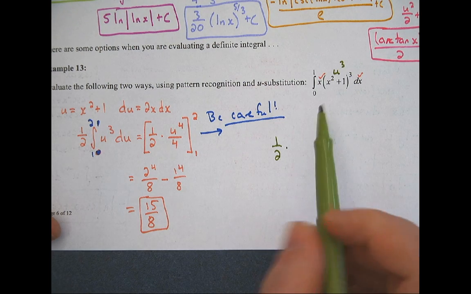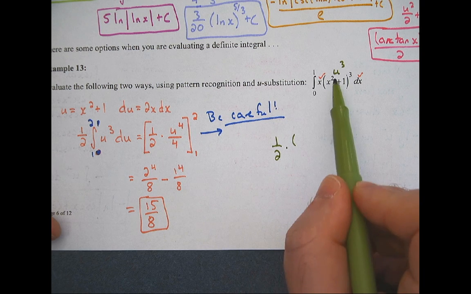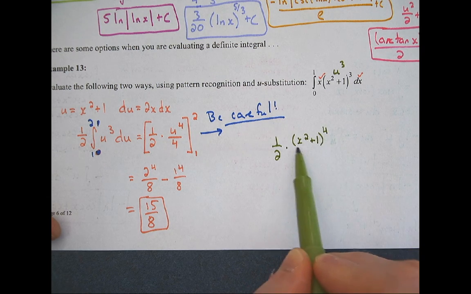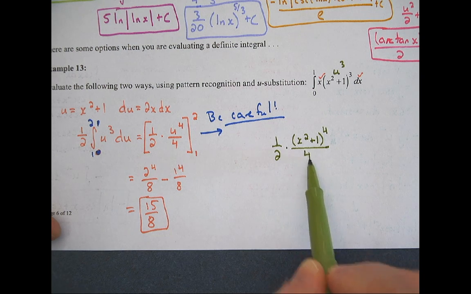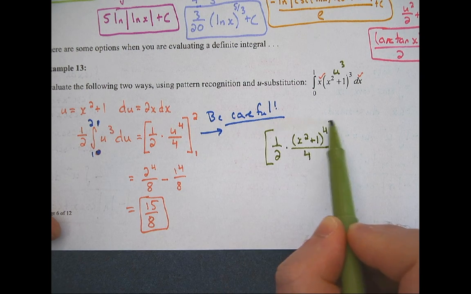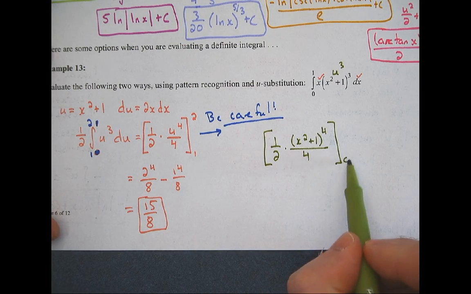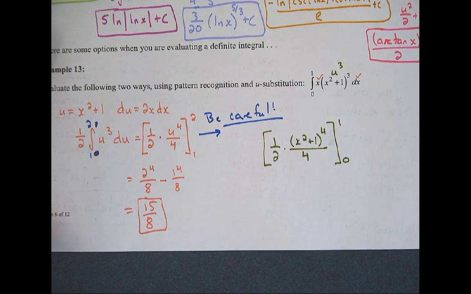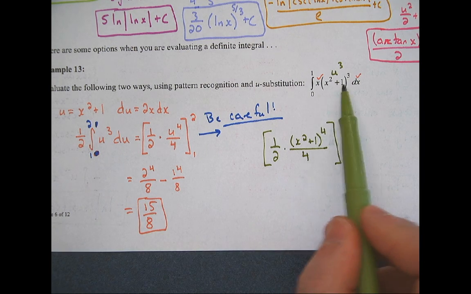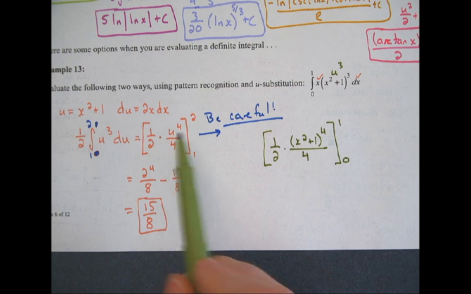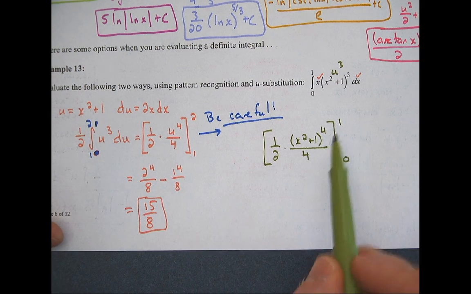So then this would become something cubed, x squared plus 1 to the 4th over 4. Now, my variable is still x, which means I'm going to use the original boundaries from 0 to 1. If you're going to plug in, you've got to make sure that you're plugging it into the right spot, whether it's for x or for u. When I evaluate this, you're going to see that we get the same thing.